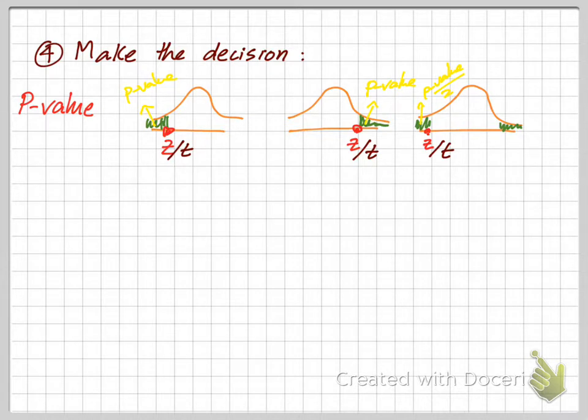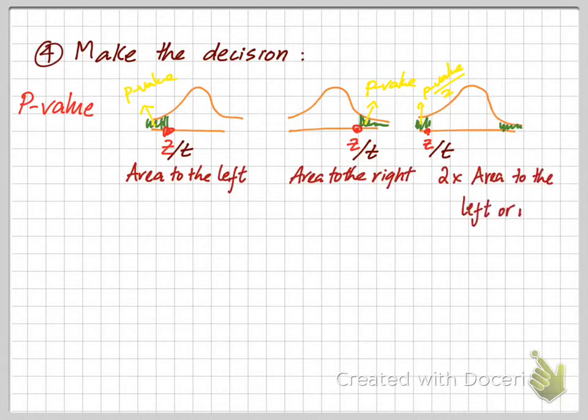And depending on the type of test, the p-value is calculated differently. For example, the p-value for the left tail test is the probability to the left of the test statistic, the area to the left of this test statistic.